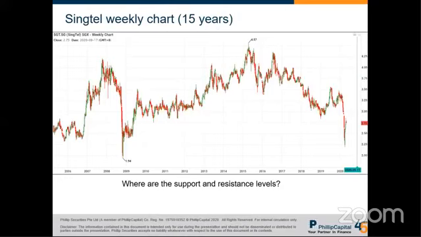I believe some of us are looking at Singtel. During 2008 you can see the price fell as low as 1.94. Subsequently, due to COVID-19, Singtel also had quite a huge drop. So we want to look out for potential support and resistance levels to enter.